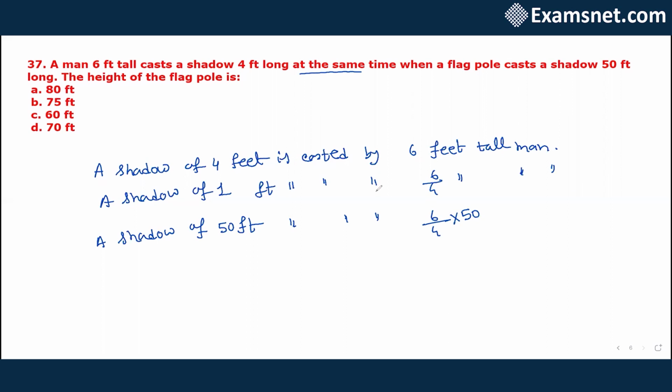With the help of the plain unitary method, we are solving this sum. So 225 by 3, that is 75 feet tall flagpole. So here the height of the flagpole is 75 feet. Option B is the correct answer.